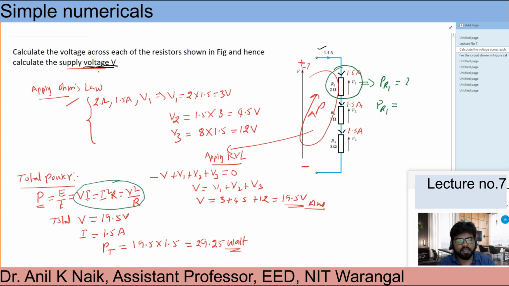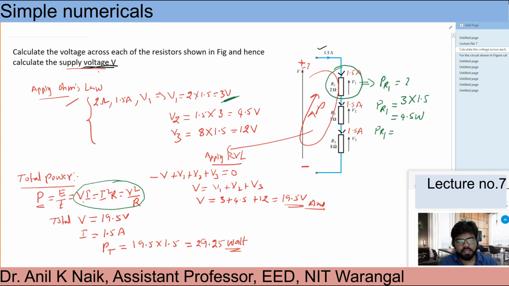With V and I, what is V here? We already calculated 3 volts. So 3 volts into the current flowing through this resistance, 1.5, comes to 4.5 watts.